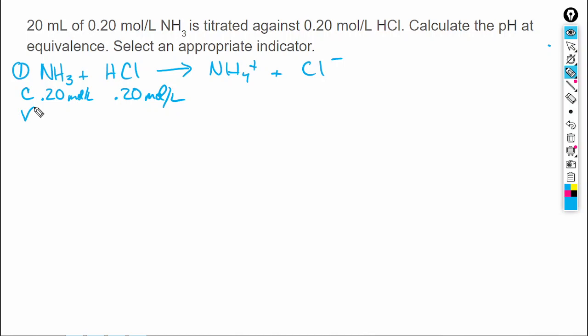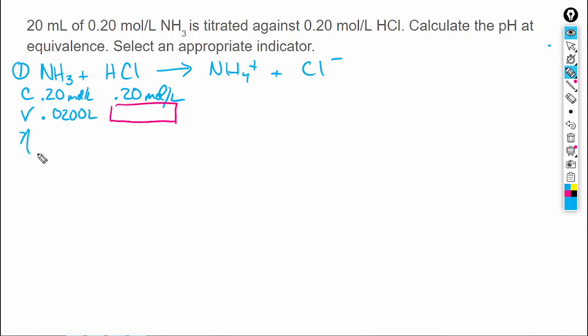My volume of NH3, I need to convert that to liters. It'll be 0.0200 liters. Do I know what volume of HCl I have or am going to use? No. That's what I'm trying to calculate. This is what I'm looking for.